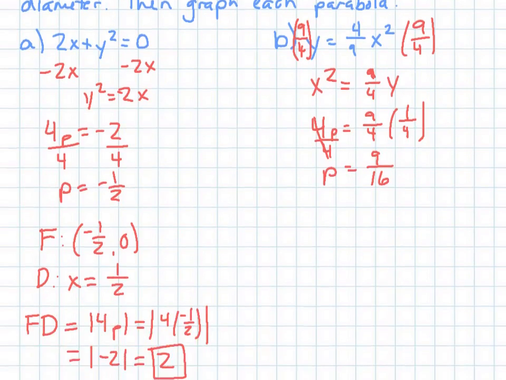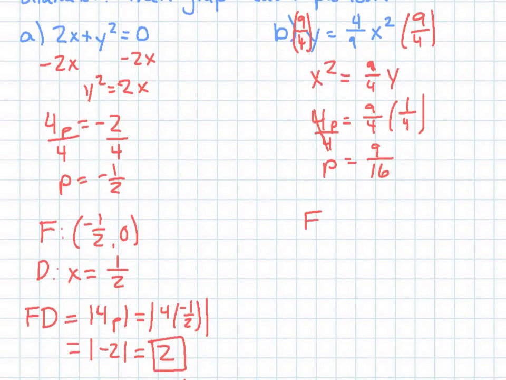Okay? So now using that, my focus, because your y is in the first power position, that means all your stuff is going to be aligned with p, or with y. So it'll be 0, 9/16. Your directrix will be the opposite, where it's y equals the opposite of p, which is negative 9/16.